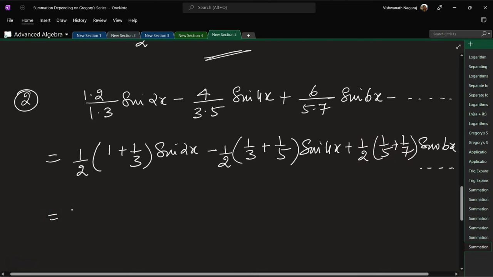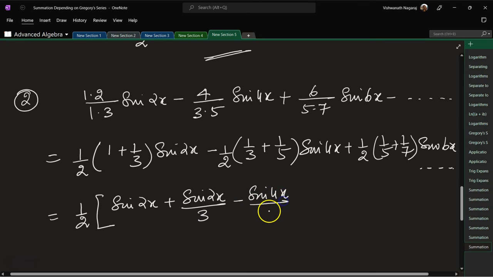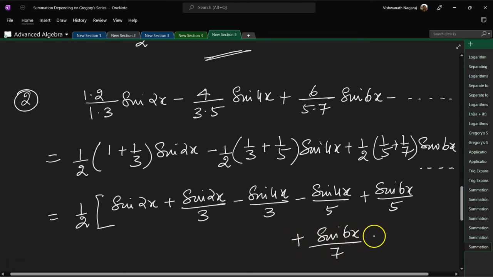If you notice, all the terms have half in them. So let's take it out and multiply this out. So sine 2x plus sine 2x by 3 minus sine 4x by 3 minus sine 4x by 5 plus sine 6x by 5 plus sine 6x by 7, and on and on.